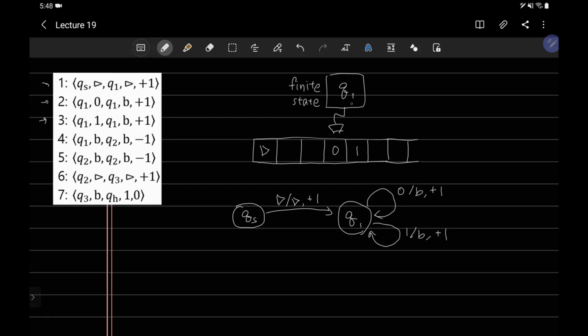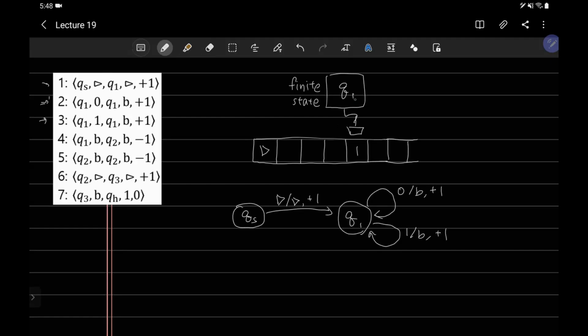And again, now the current state is Q sub 1, and the value read is 0, which corresponds to the second line again. In this case, the state will be the same, but the value in the tape will be replaced by blank, and the head should be moved to the right, like this one.